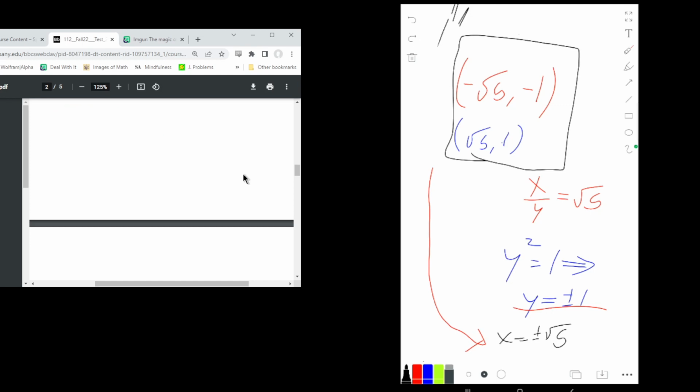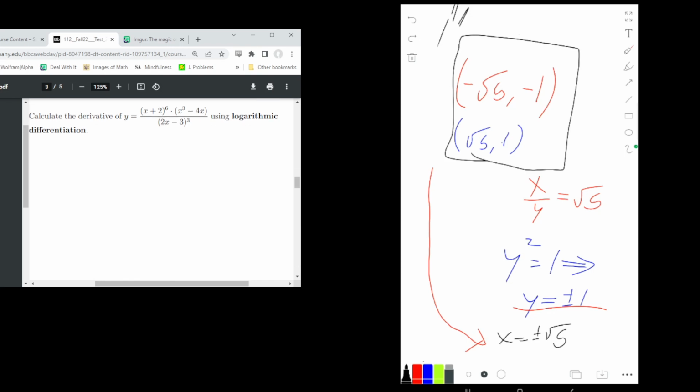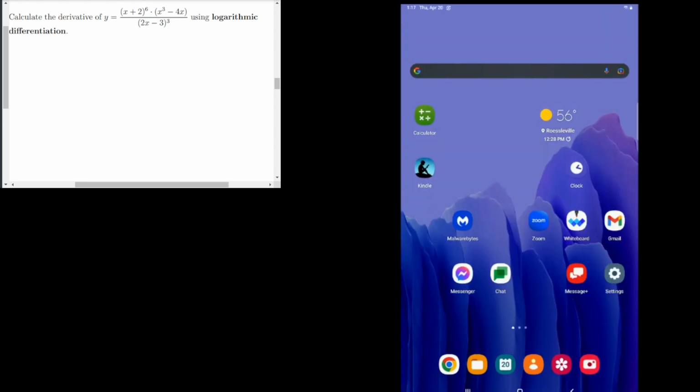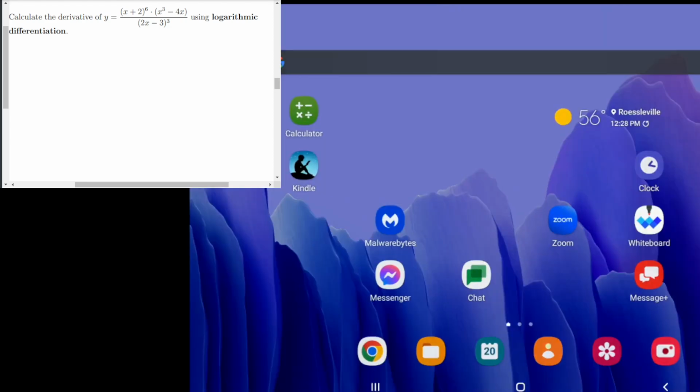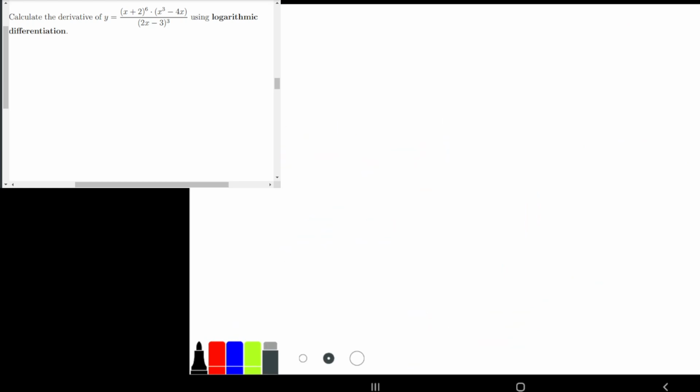Wonderful. Moving on. Number 7. Calculate the derivative using logarithmic differentiation. I'm going to turn this sideways again. I'm going to send this to the background, or at least move it behind.